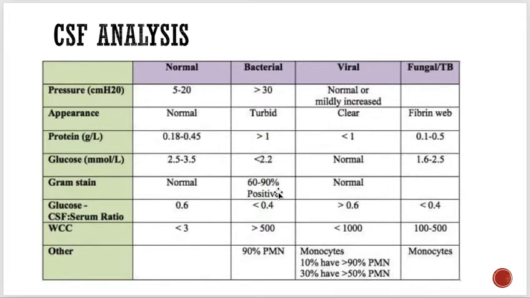So one more thing is the protein levels you can see over here. Normally the CSF has 0.18 to 0.45 grams per liter of proteins present. Now, why is this important, by the way, why do we check the proteins?